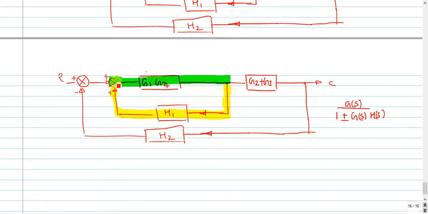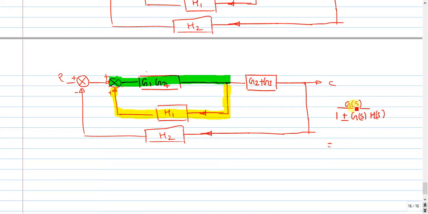So you can see, and again here we are not having any more takeoff. We have the signal coming from the forward path and the feedback. No more feedback has been taken and no more signal is moving out from the summing point. So we can reduce and eliminate this. How to write?